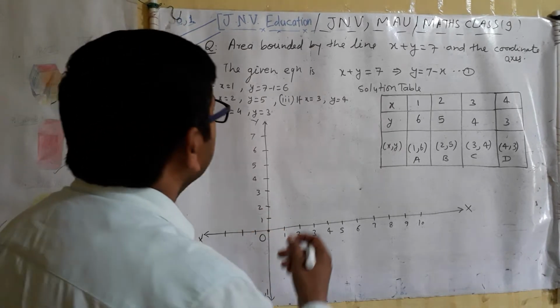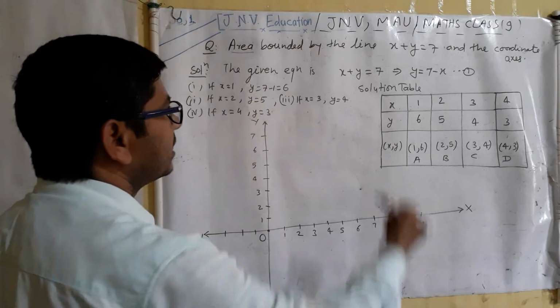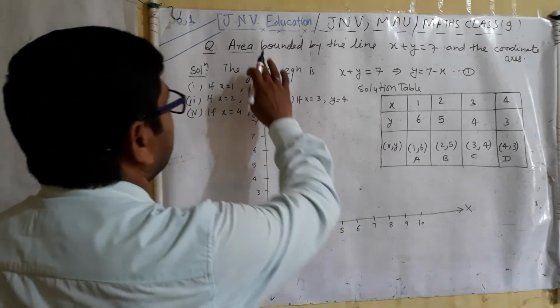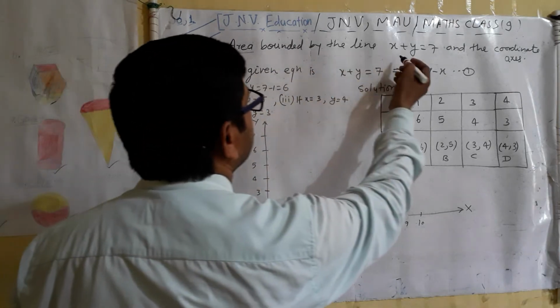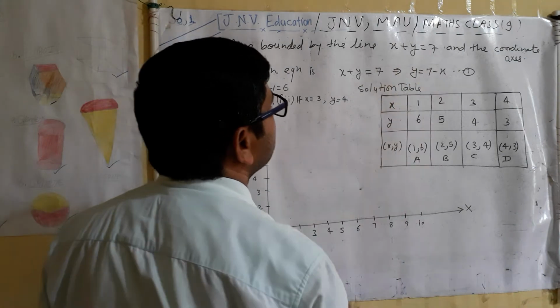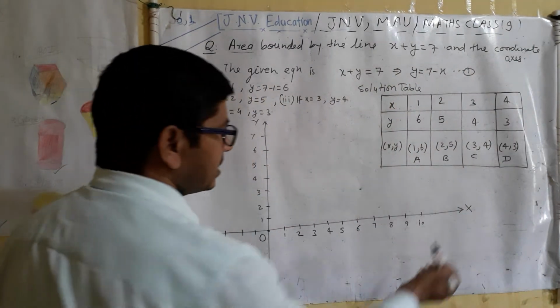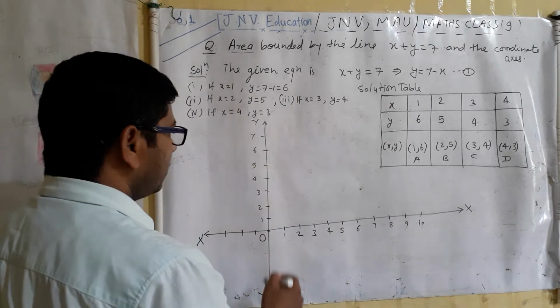We can see here area bounded. Now we are going to calculate the area also. Area bounded by the line, means linear equation in two variables x plus y is equal to 7, and the coordinate axis. Coordinate axis means x dash and y dash.